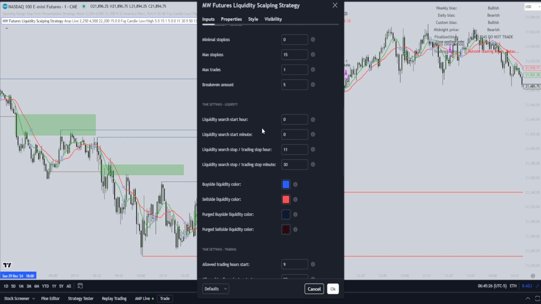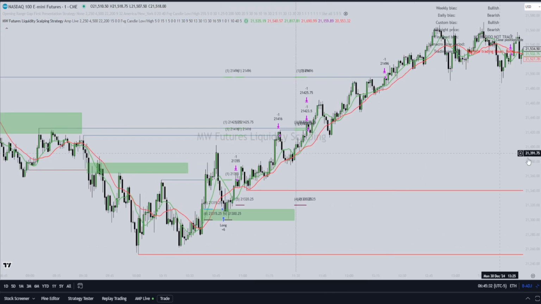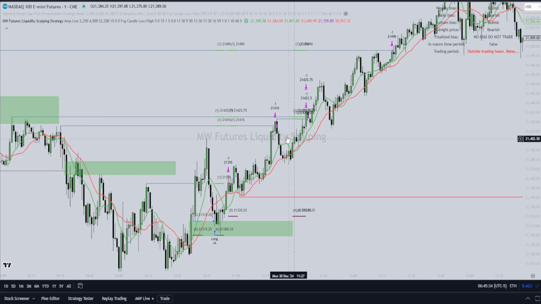But this is very important because once we stop searching for liquidity, for example, here at 11:21, liquidity is still created. And actually, to be fair, it is created at the 11:29 candle.